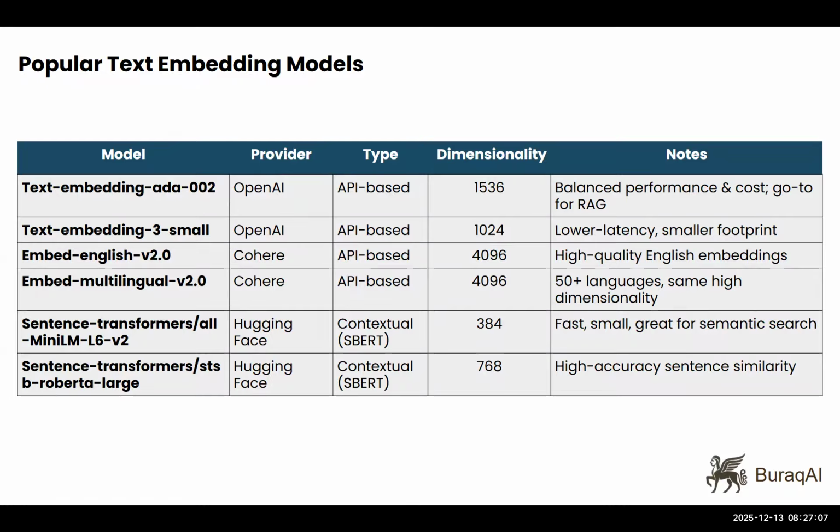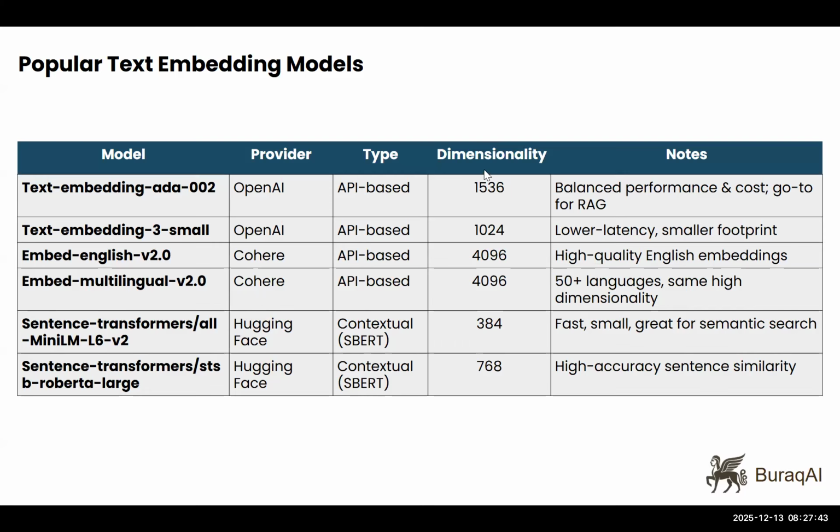Popular embedding models. Okay, this is what we're talking about. As I said, each LLM vendor who creates models also has a specific category of models called embedding models, whose sole purpose is to generate the embeddings. Here we have OpenAI. OpenAI has text embedding ADA 002, text embedding 3 small, and text embedding 3 large also, which have a dimension.